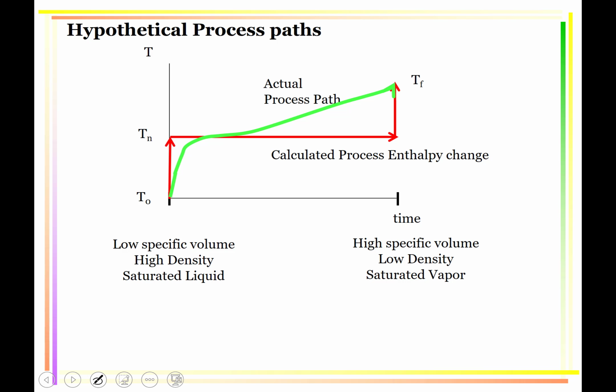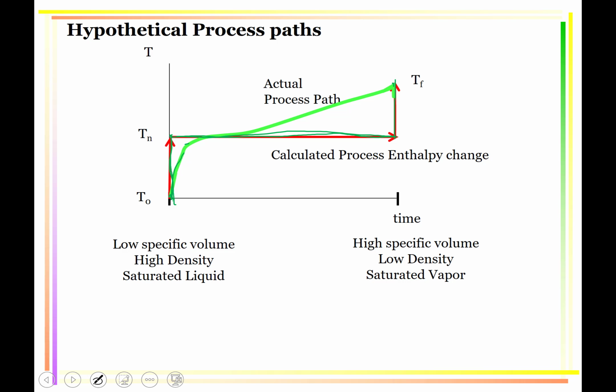It just shows that if you have, say, a temperature change, if this is your initial point and this is your final point, the actual enthalpy may not follow a straight line such as this, where you have a temperature change, and then you have a phase change where there's no temperature change, followed by another temperature change.